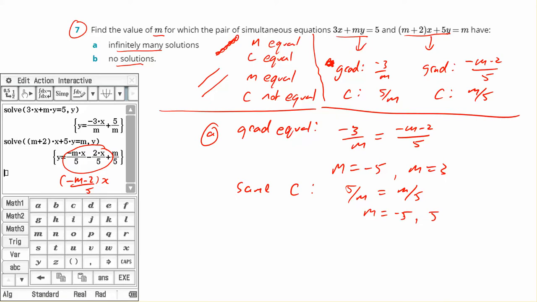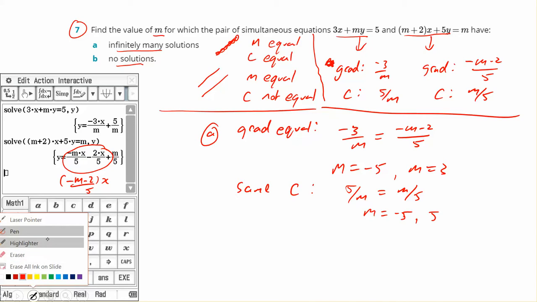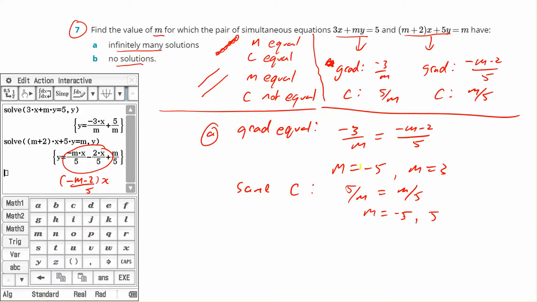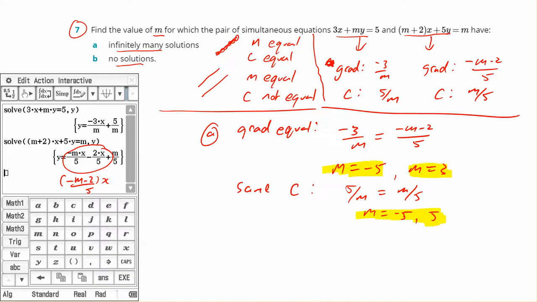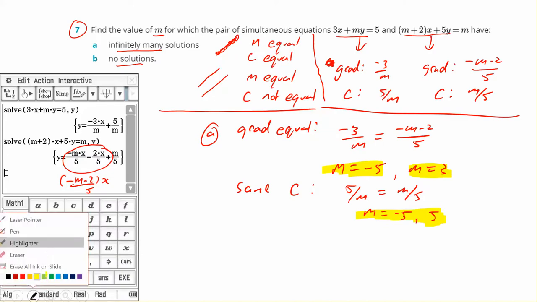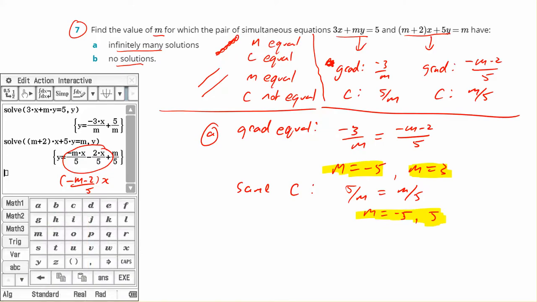Now, we've got to do some analysis here because we've got our possible solutions. We've got m equals -5 and 3 for the gradients equal, and m equals -5 and 5 for the y-intercepts equal. Let's look back at the question because it says we want infinitely many solutions.